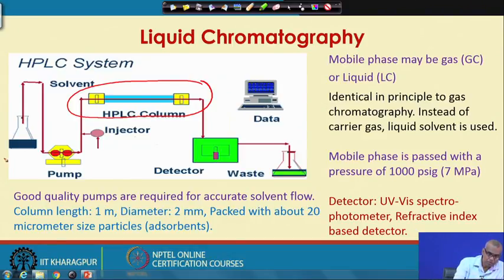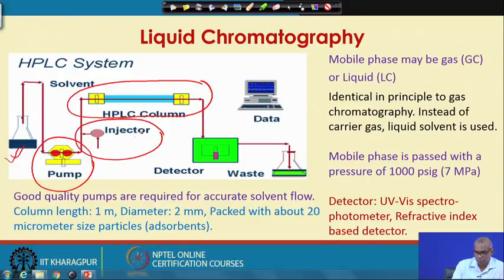You have the mobile phase, which is solvent, and you now need a pump to send it through the column. You have a sample injection system. The solvent of the mobile phase is being pumped through the column at a high pressure, which is 1000 psig.